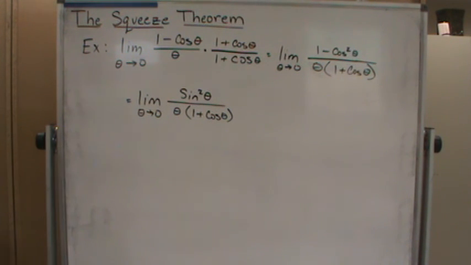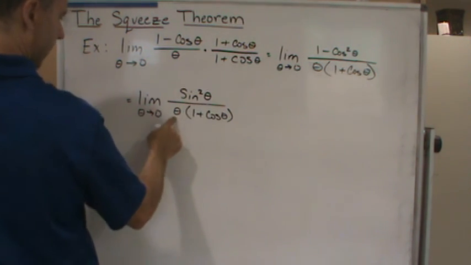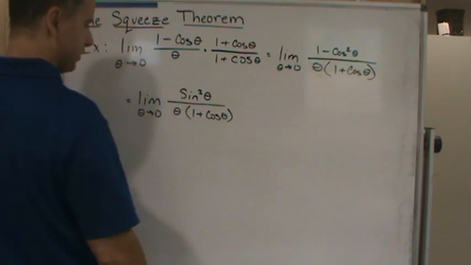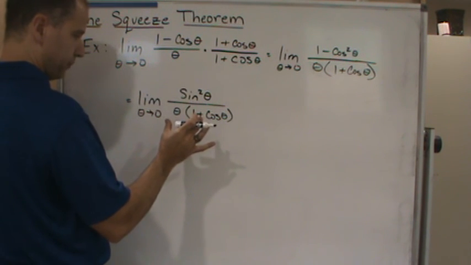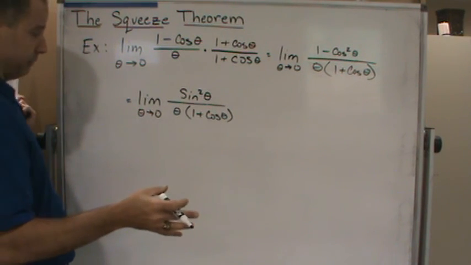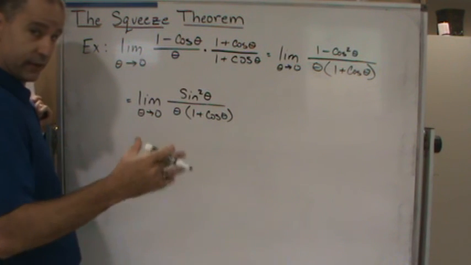Now notice that we've got sine squared theta and theta here. Let's split that up because what we want is to create expressions that we know we can find the limit of, and also be able to use our limit laws and all the things in our toolbox.